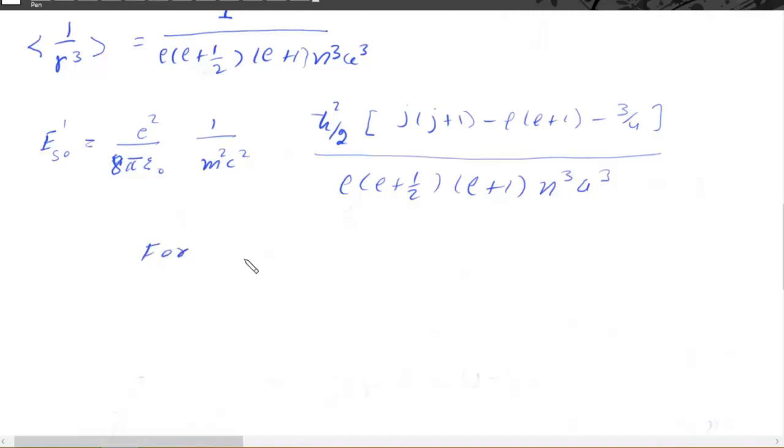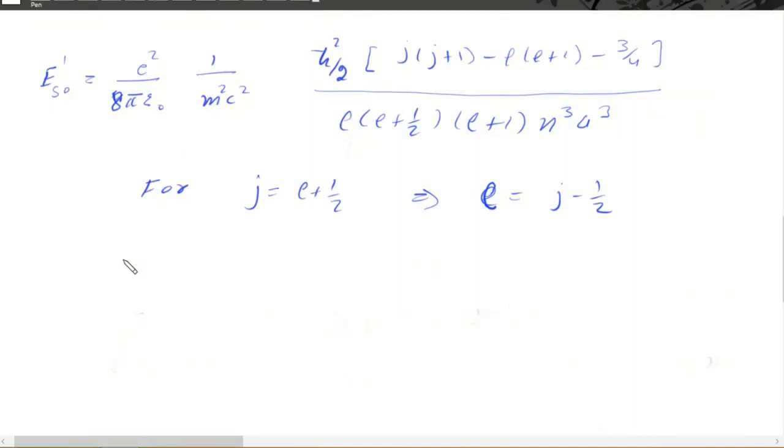For j equal to l plus half, we can write l as j minus 1 over 2. We already know this. We put the value of l in here and here, and then we can simplify this term separately.